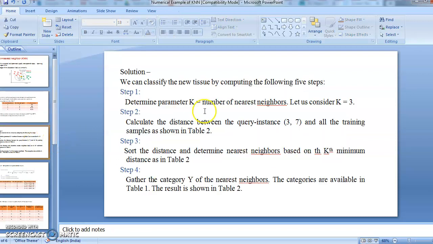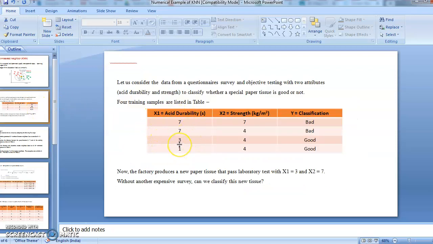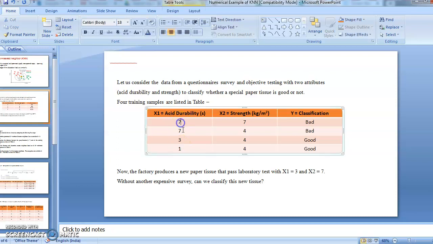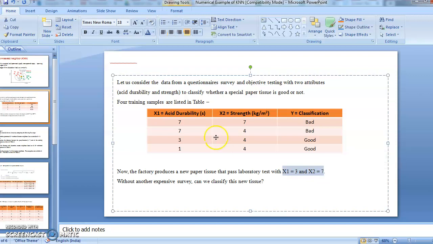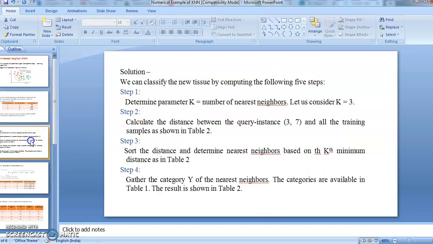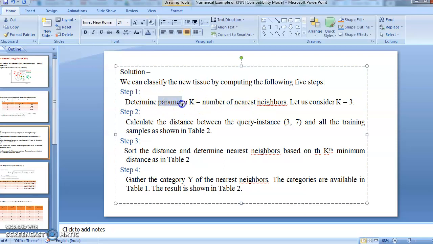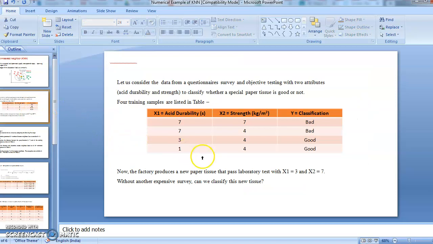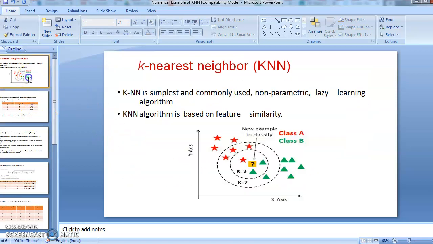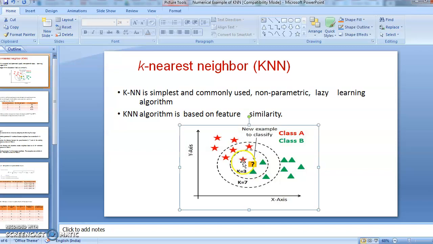So here is the solution. There are a total of 5 steps of this algorithm. First, you have to decide out of these data points how many neighbors you are going to consider for this new point. There are 4 points. You can consider 2 data points as neighbors or 3 data points as neighbors. So first is determine the parameter, that is the number of nearest neighbors. Second, as I told you, the KNN algorithm always works on the distance parameter.